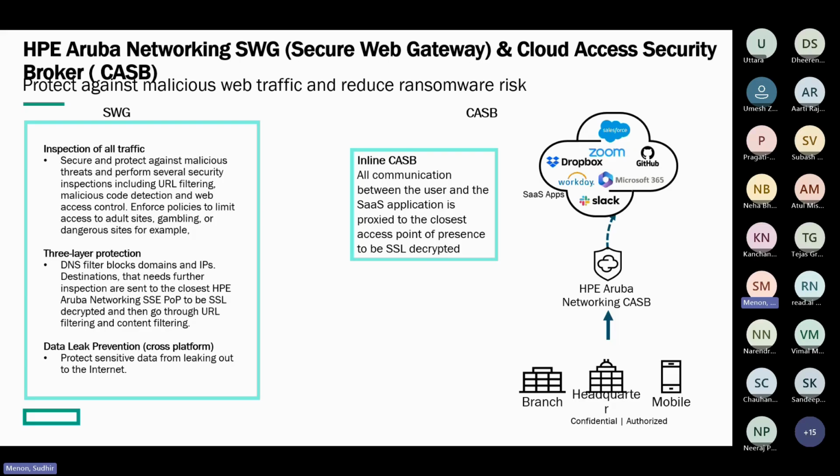So SWG and CASB are the next two technologies along with ZTNA, ZTNA becoming the most prominent one. As I mentioned, it's an Israeli company, and defense is the biggest strength of all the Israeli technologies we have adopted today. SWG and CASB are the next technologies for defense, for outbound web filtering and your SaaS applications.